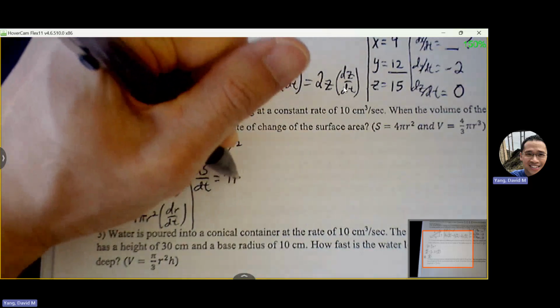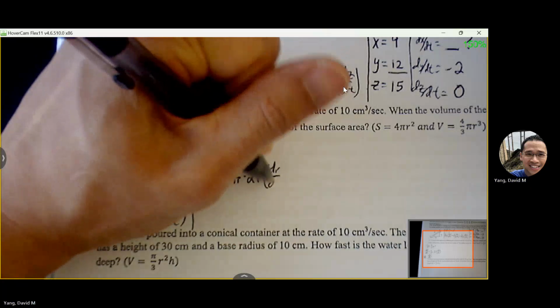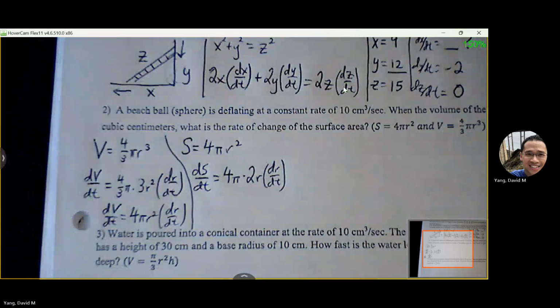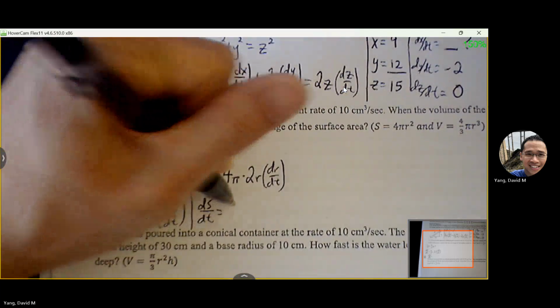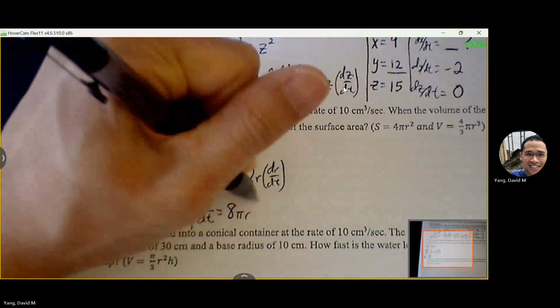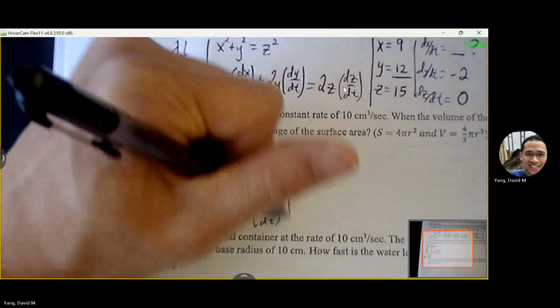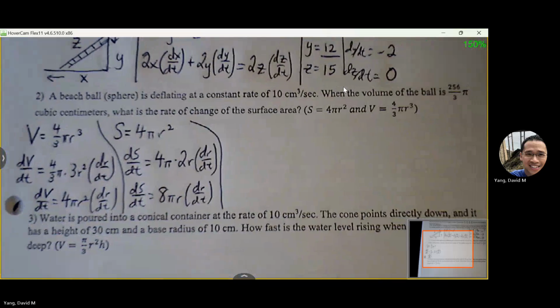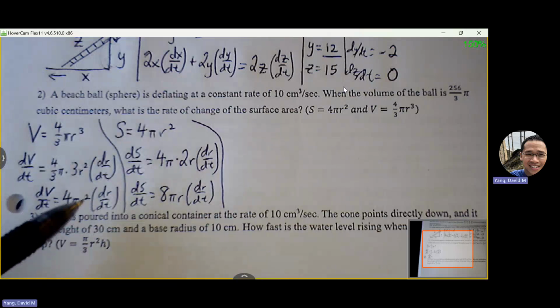It's the r that's getting impacted. So times 2r dr dt.